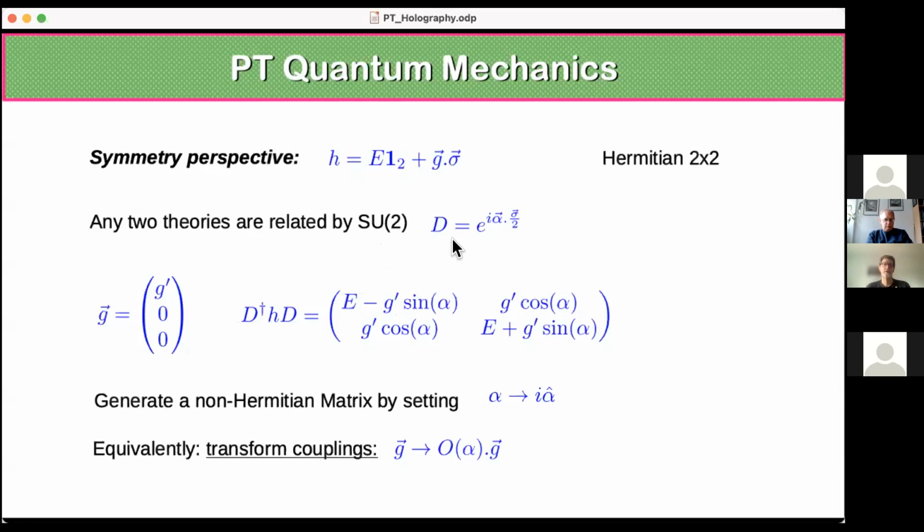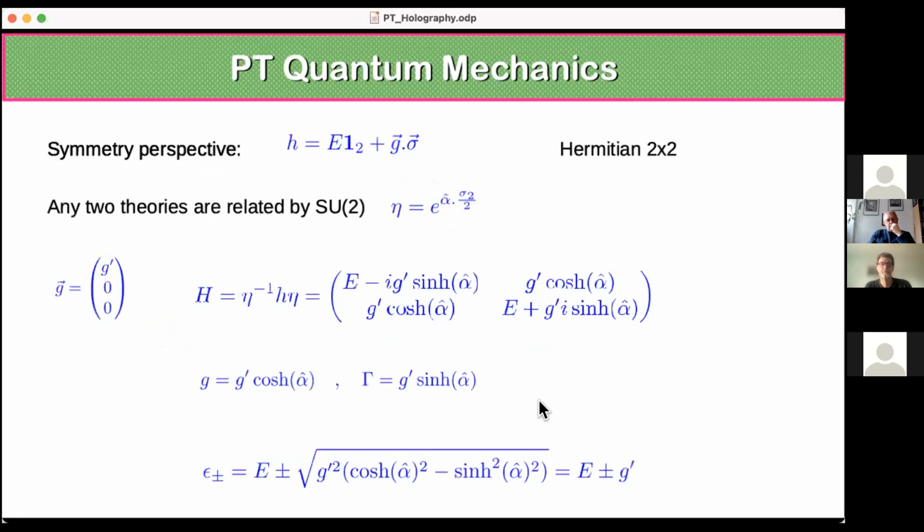You can implement this directly on Hilbert space, where the rotation acts on Hilbert space. But an equivalent way, and more useful for what I want to do in holography later on, is to implement this transformation directly on the couplings. I could either implement the transformation on Hilbert space, where it acts on the matrix and G is just constant, or I take this starting vector of couplings, do a rotation on the couplings and generate the same Hamiltonian. Again, I could go to the non-Hermitian one by doing an analytic continuation.